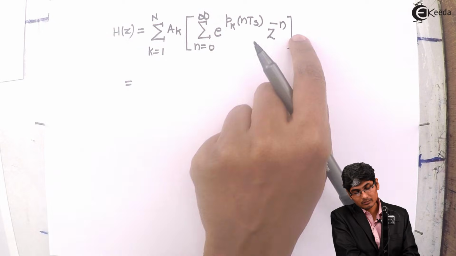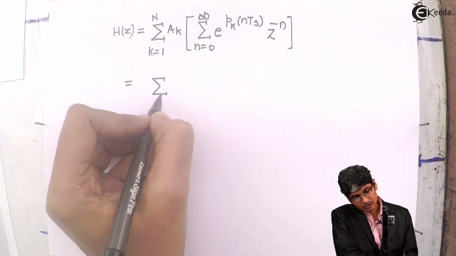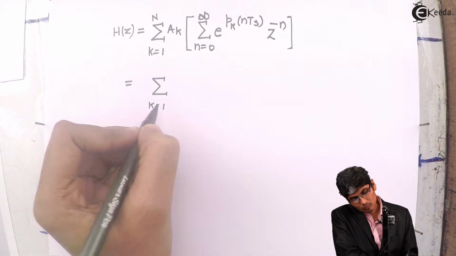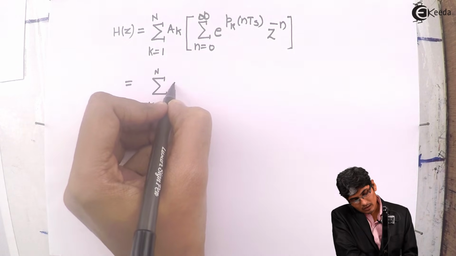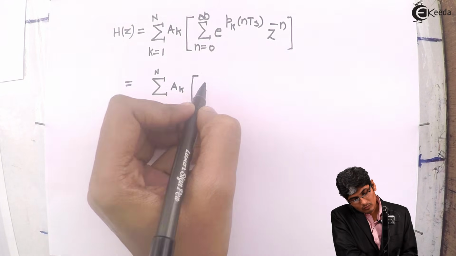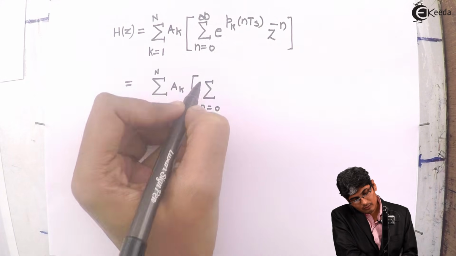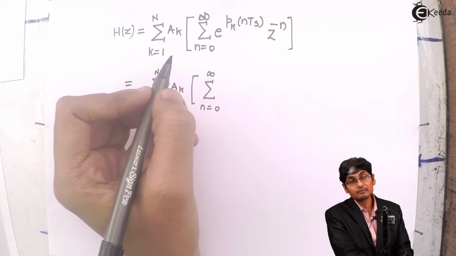Now let us rearrange this term, and now we will get summation k goes from 1 to n a_k, and I will keep summation n going from 0 to infinity.